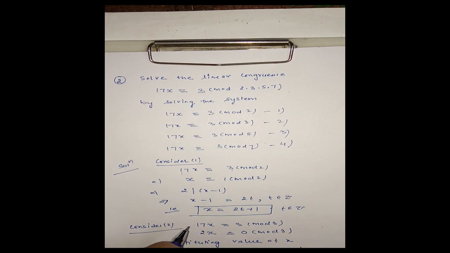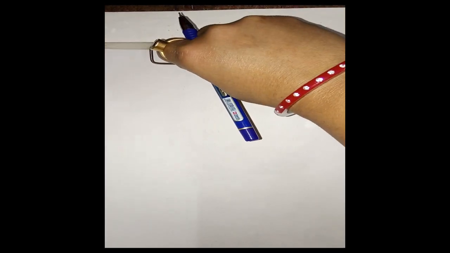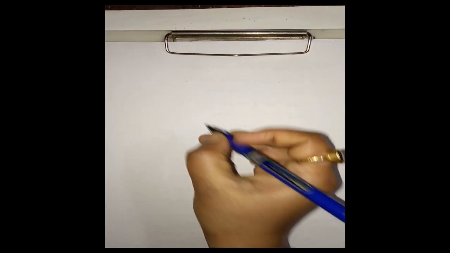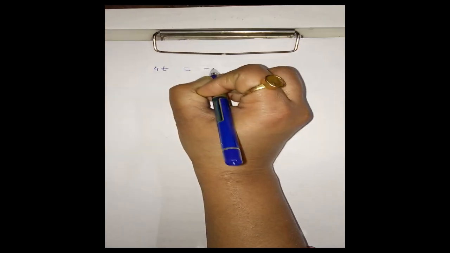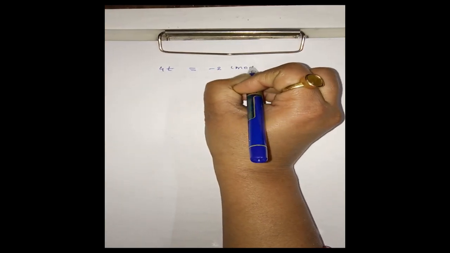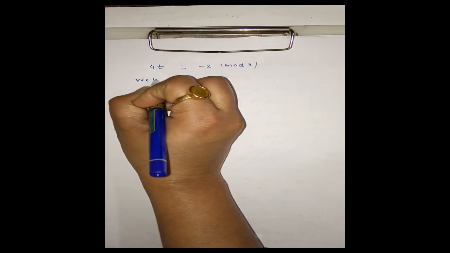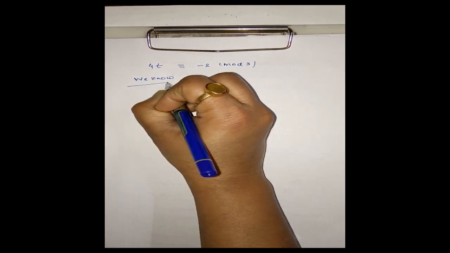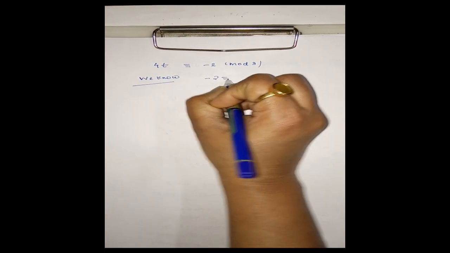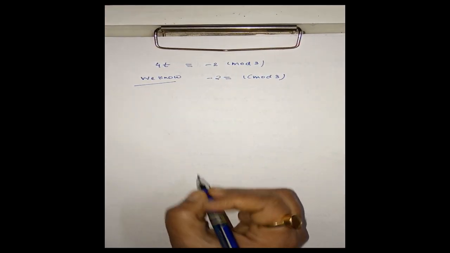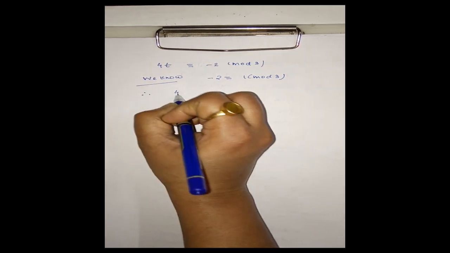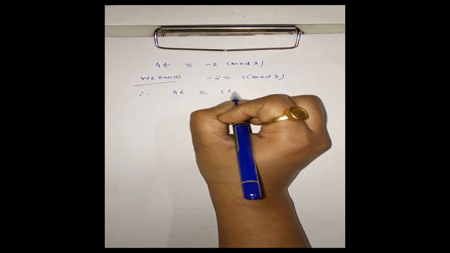Now we have 4t is congruent to minus 2 modulo 3. Also we know minus 2 is congruent to 1 modulo 3, since 3 divides minus 2 minus 1, that is minus 3. Therefore 4t is congruent to 1 modulo 3.